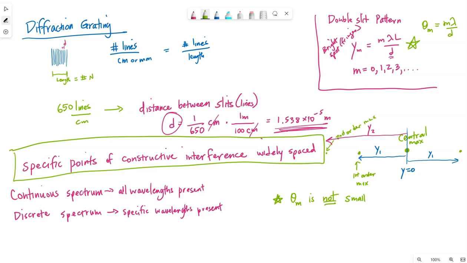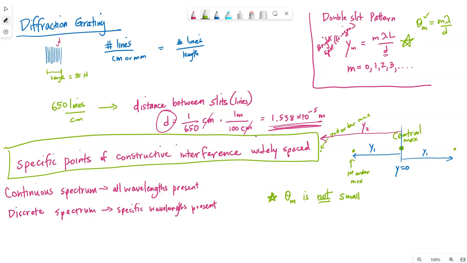And we could say this, where theta was in radians, because the angle was incredibly small. That small angle approximation tells us that the sine of theta, the tangent of theta, and theta itself, when measured in radians, are the same thing. But when we have a diffraction grating, that is no longer the case.